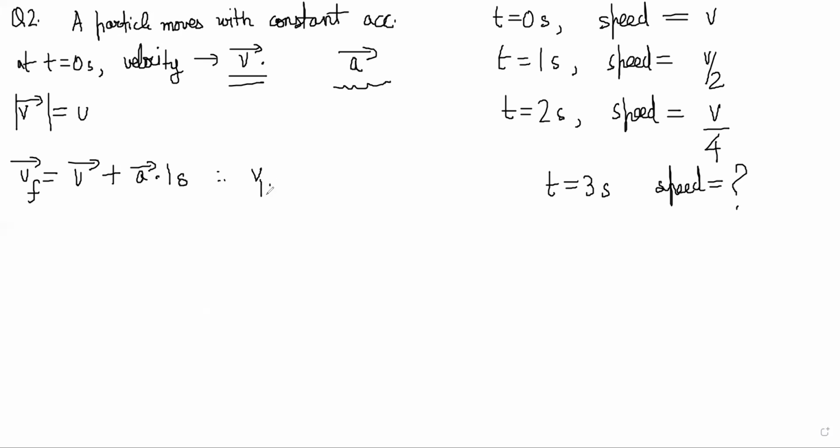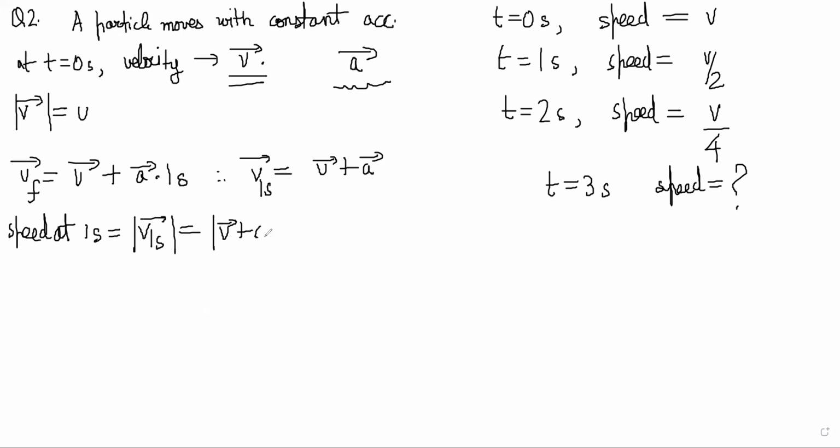Therefore velocity at 1 second is equal to v plus a. Therefore speed at 1 second is the modulus of velocity, mod of v plus a, or basically the length of this vector v plus a, and that is given in the question.